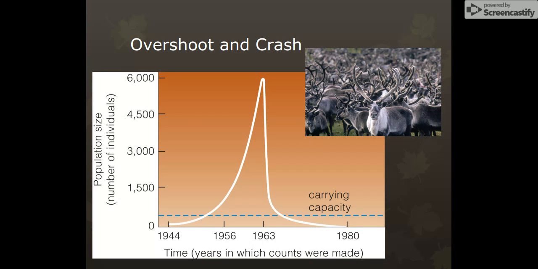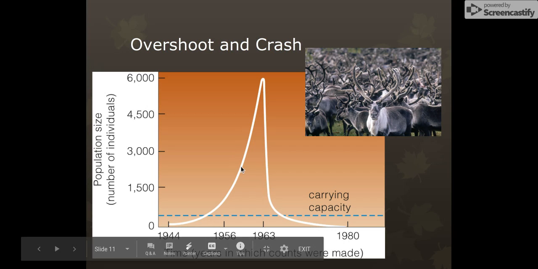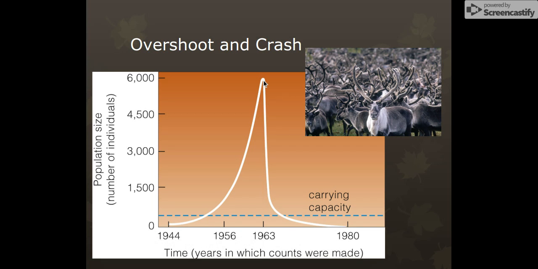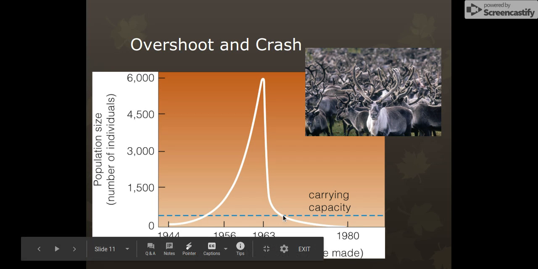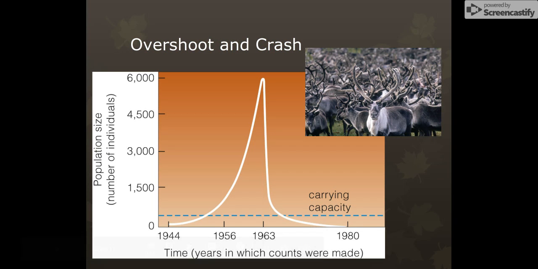Okay, but this is going to damage the plants that live there. And eventually they're not going to be there for them to continue eating. And so they overshot their carrying capacity pretty significantly. And then they had this harsh winter where there was very little food available. And so we see this huge decline over a short period of time where these reindeer were just dying off because there was no food for them.